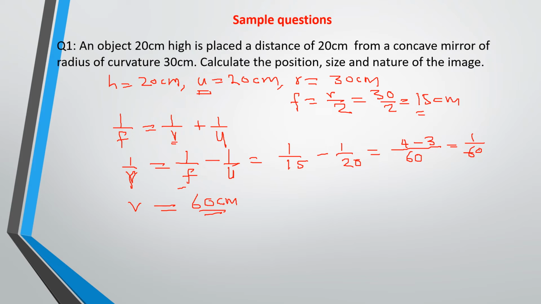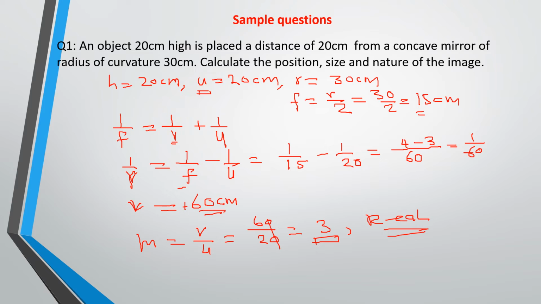Now what about the size of the image, which is the magnification? Magnification is equal to v over u. So that is 60 over 20. So magnification will be equal to 3. Since the image distance is positive, the nature of the image is that the image is a real image.